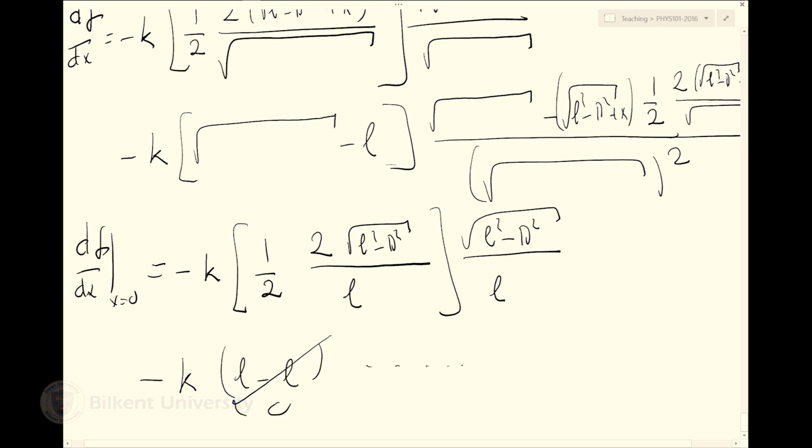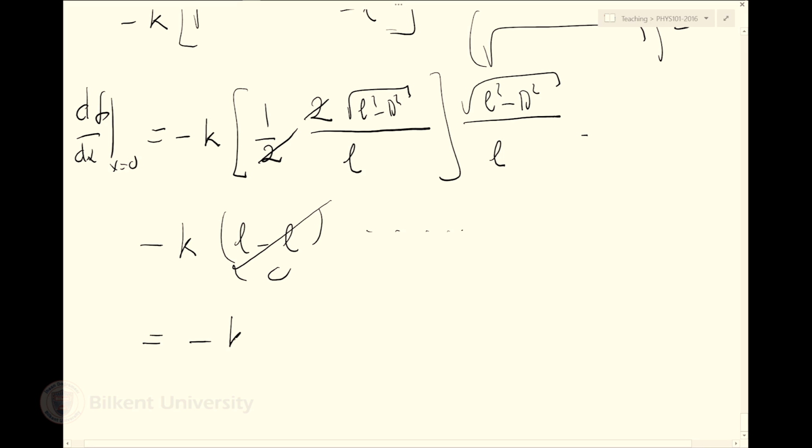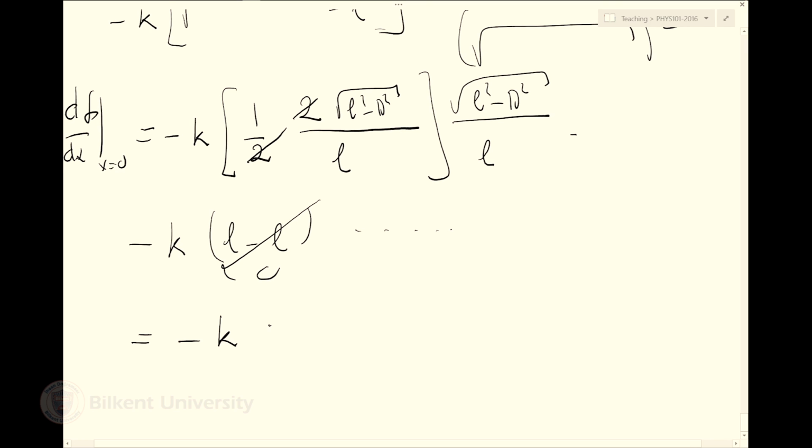So I don't even have to consider all these remaining things. Okay? So it's actually not too bad. This apparently df/dx is minus K times L square minus D square divided by L square.